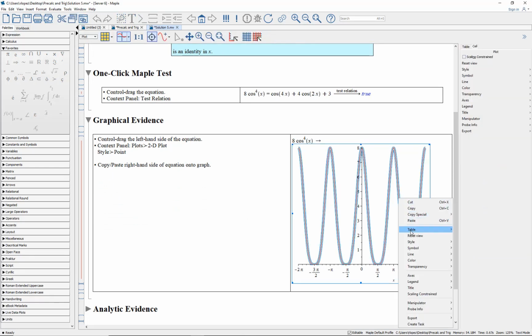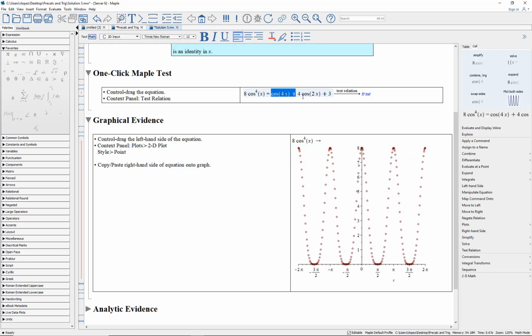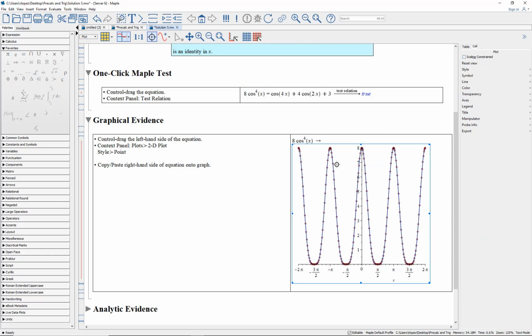I right-click and take style point. I have a collection of points along that graph. If I take the right-hand side and drop it on to the existing graph, I get a graph of the right-hand side as a continuous curve. And so the points sit on top of that graph.